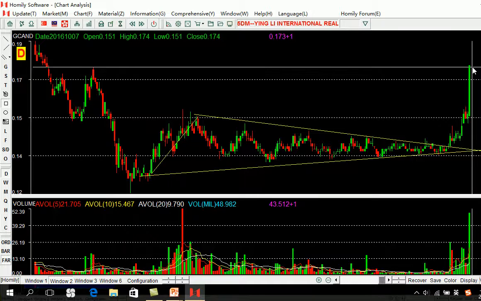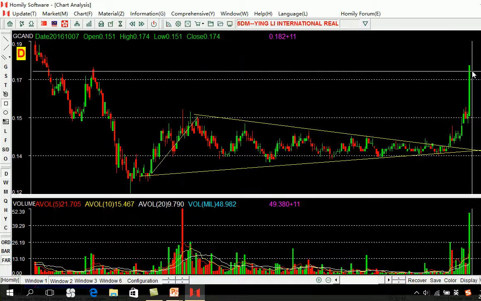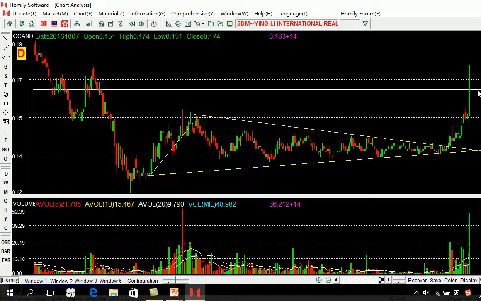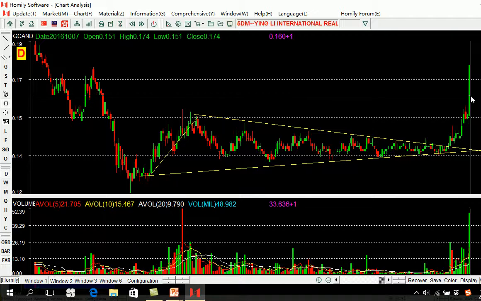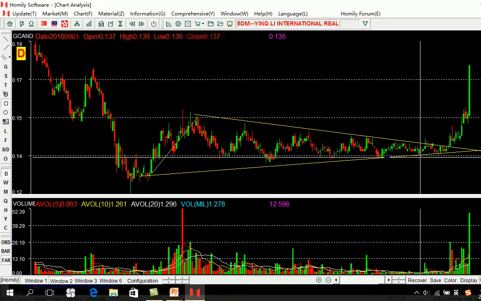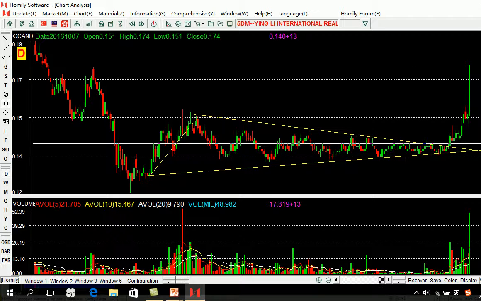The first, maybe it will continue to go up. Maybe the stock will go down and cut half of the candlestick. Then maybe you have another chance to buy because the price just broke out. Okay. So if you see a pattern like this, you should know where the good buy point is and which pattern we should pay attention to. Okay, this is for this stock.